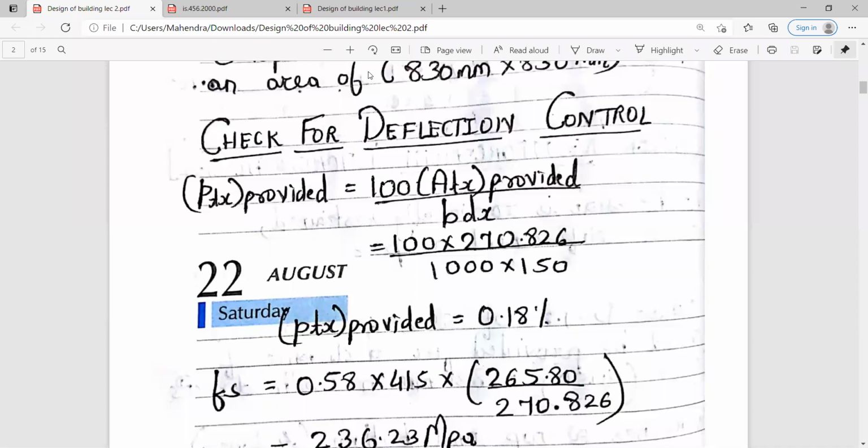So see, you had calculated all the values earlier.